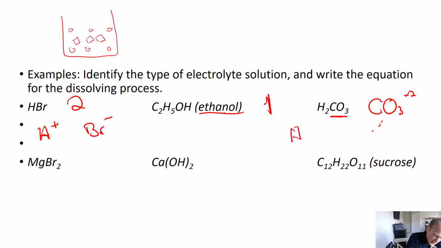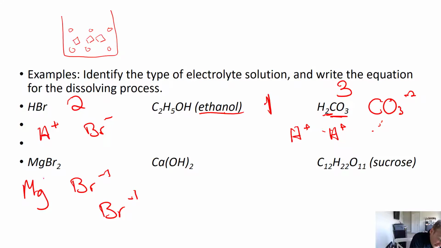And that means we have 2 H+ particles, because there's 2 of them. It shows us right here in the formula. So that means this would have a total of 3 particles within H2CO3. Same thing down here. We have 1 Mg, and we have a Br- and another Br-.